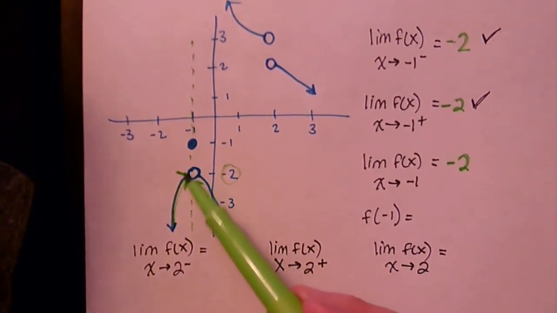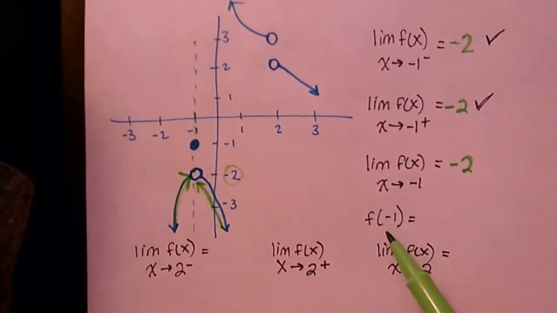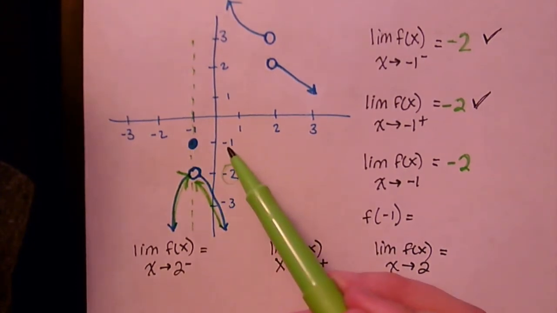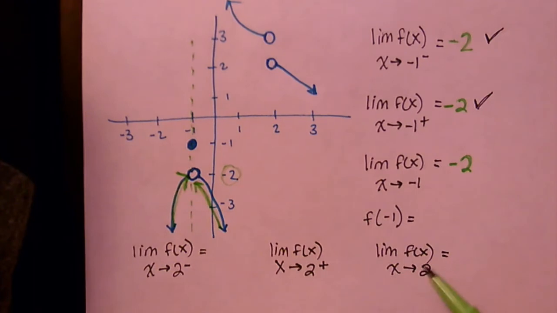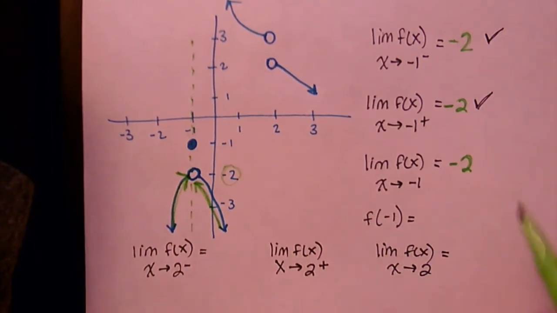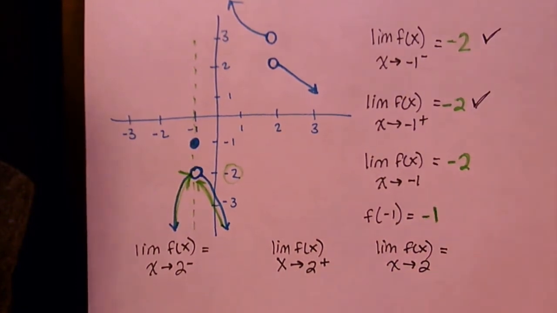Because we have an open circle here, we know that that's not the case. The value of f of -1 is actually up here where this closed dot is. It's actually -1. In other words, when x is -1, y is -1, right? And that's indicated by that closed dot. I just want to make sure that everybody sees that distinction there.